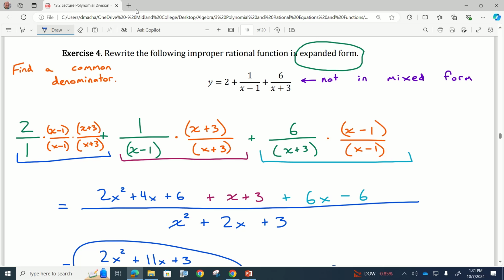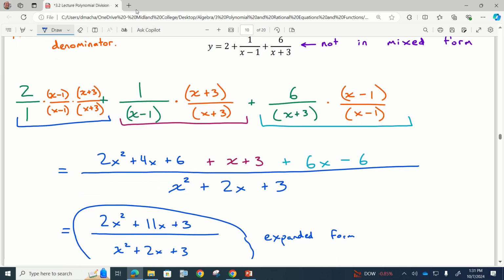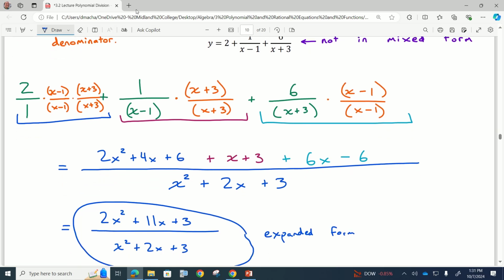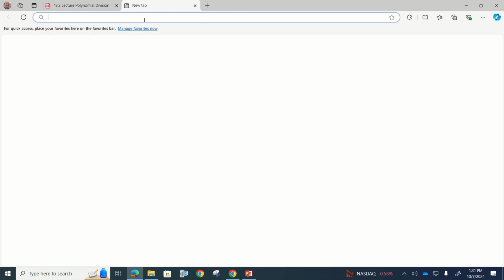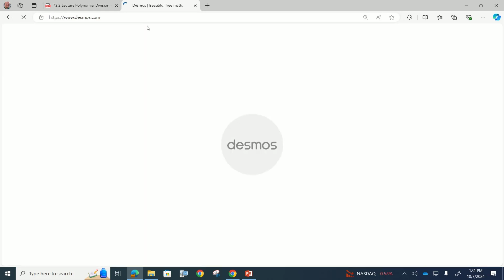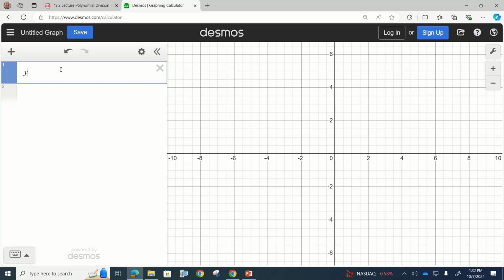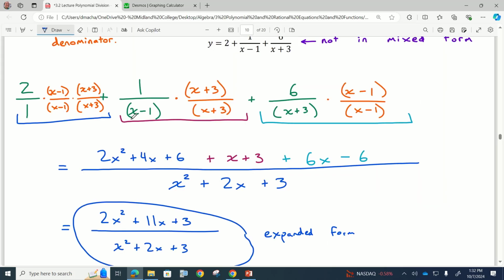So here's my advice if you're working through the homework. Whenever you work through exercise 4 of the homework, and you want to check your answer and make sure you got it correct, you should go to my favorite website and type in what you got for your answer.